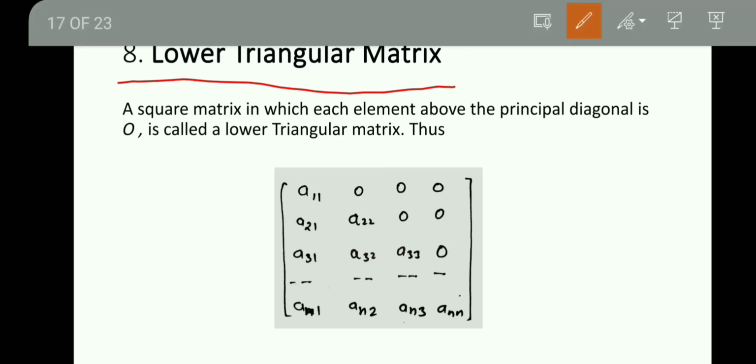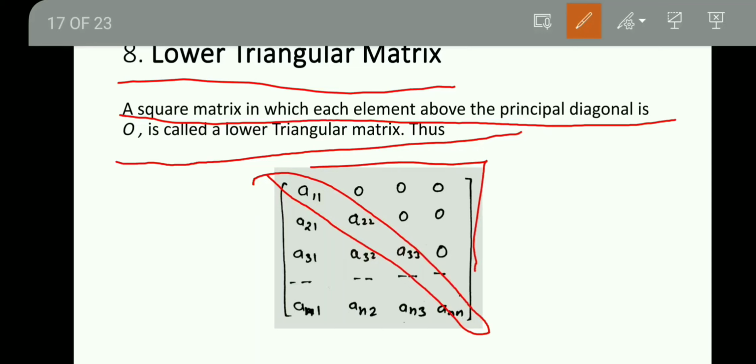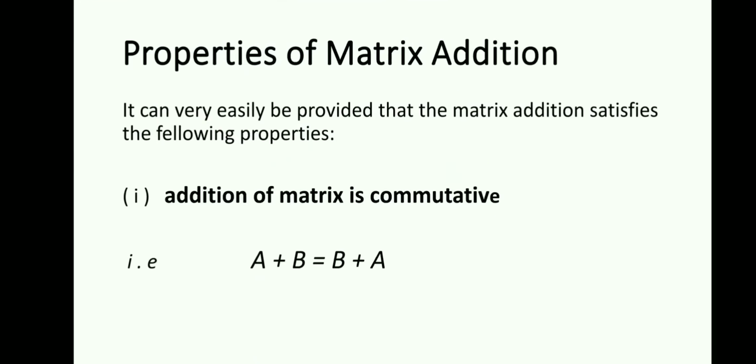The lower triangular matrix: a square matrix in which each element above the principal diagonal is 0 is called a lower triangular matrix. So this is the principal diagonal, and above, this is above, that is called a lower triangular matrix. You understand? Okay.